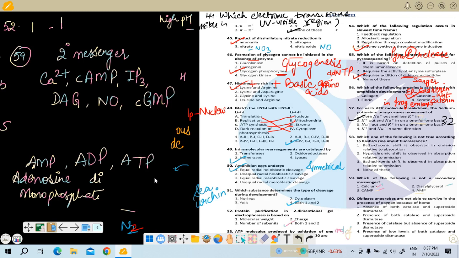ATP, adenosine triphosphate. So all these things don't come in secondary messenger. Okay, so option number 4, this is not a secondary messenger.